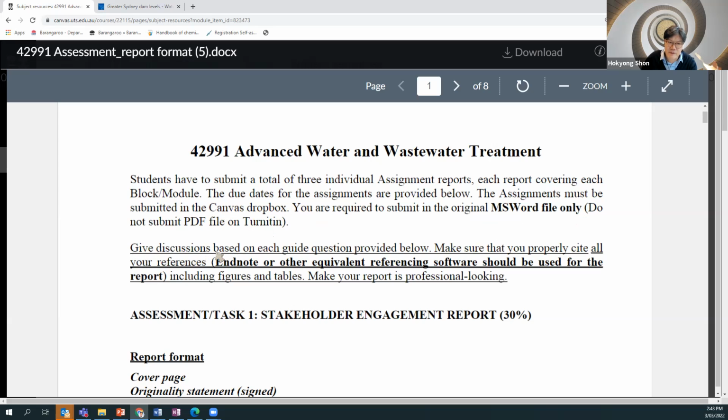Give discussion based on each guide question provided below, and make sure you properly cite all your references using EndNote or other equivalent referencing software, including figures and tables. So make your report professional looking.